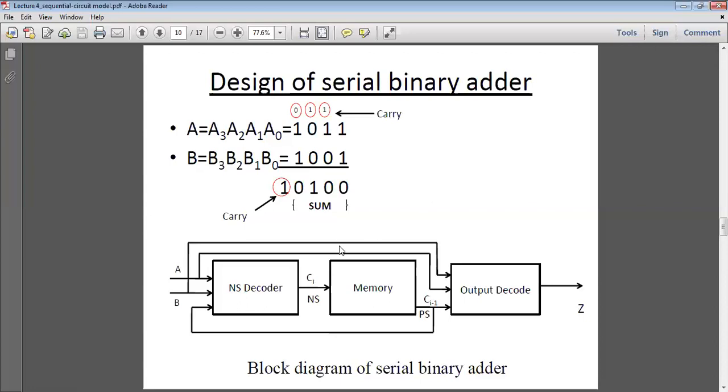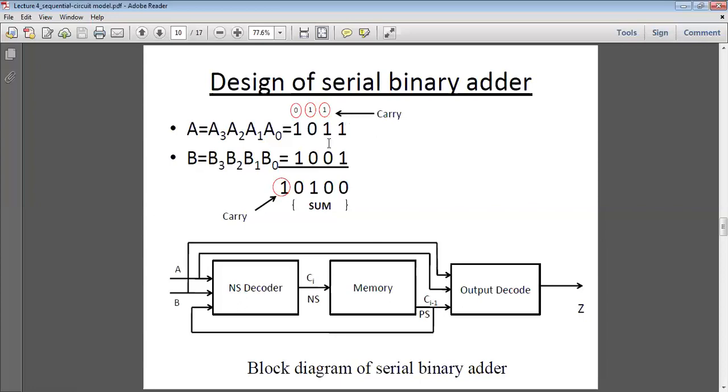So what do you have to do? Basically here we have a next state decoder, two combinational circuits, a memory element, and an output decoder circuit with sum and carry. So here you see, the carry from the sum of the first two bits is added with the next bit.